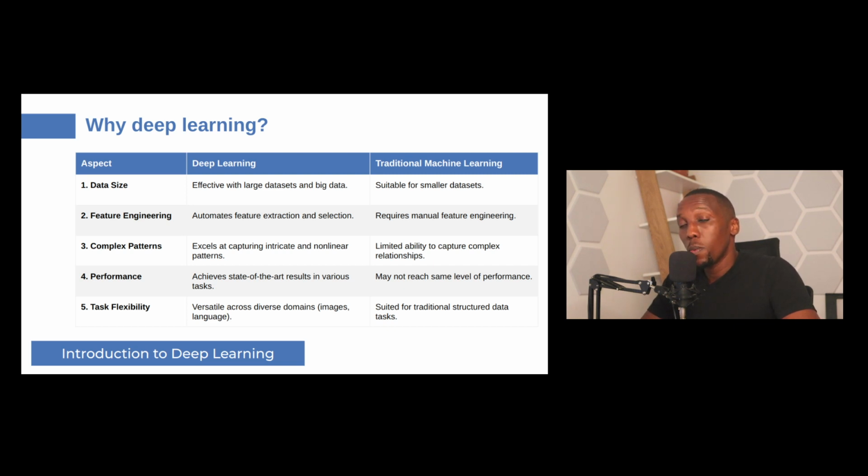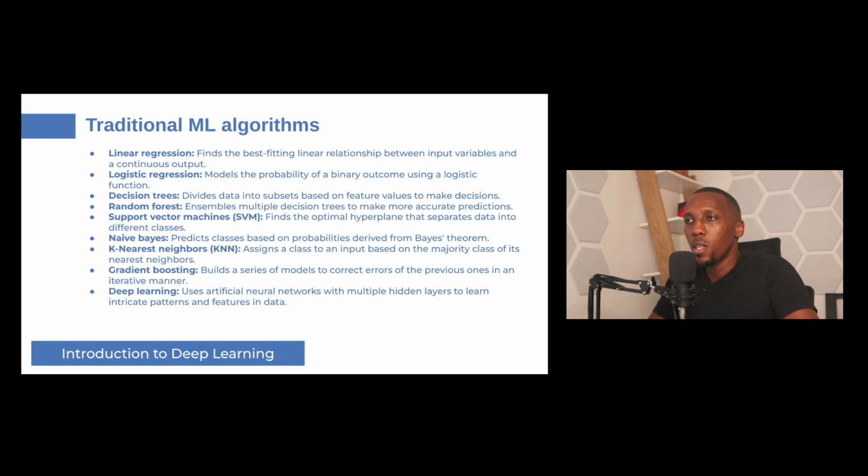Again, if you also want to obtain state of the art results when it comes to making predictions, then you can opt for deep learning. And if you want to create machine learning models for handling images as well as even other types of data like video, then deep learning can be quite useful in such situations.